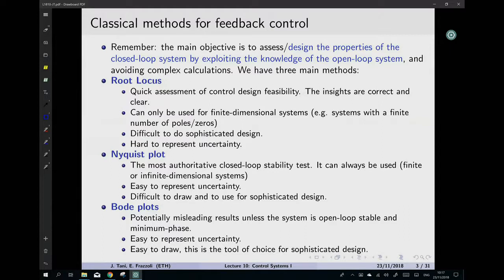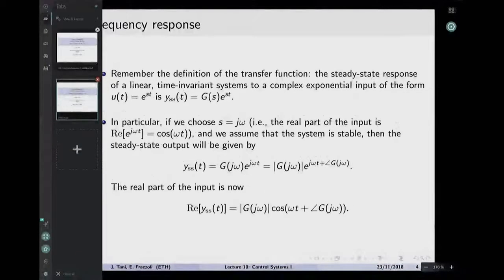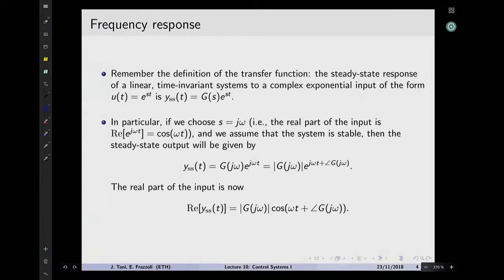Bode plots are another very famous and useful method to analyze a particular aspect of transfer functions, that is the frequency response. So some of you might remember that a while back we talked about this nice property of linear time invariant systems that we can describe with a shortcut phrase: sines in, sines out.